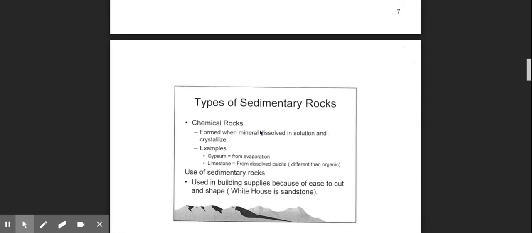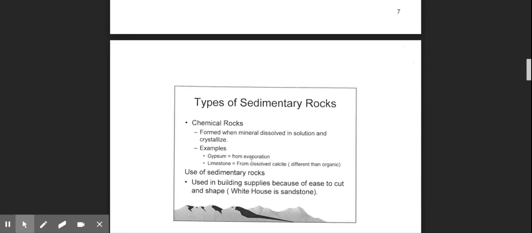That material left behind was the rock. So in nature, water has dissolved minerals in it. The water evaporates and the rock is left behind. An example of that is gypsum, all right, limestone.